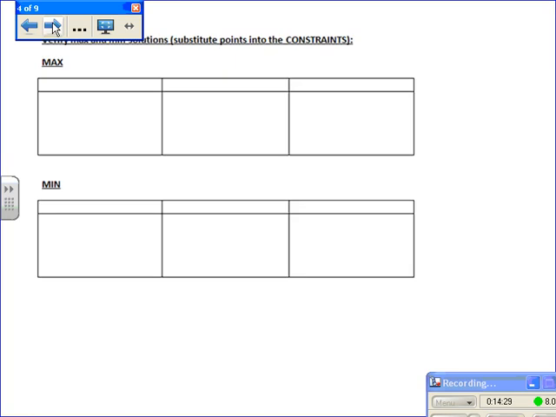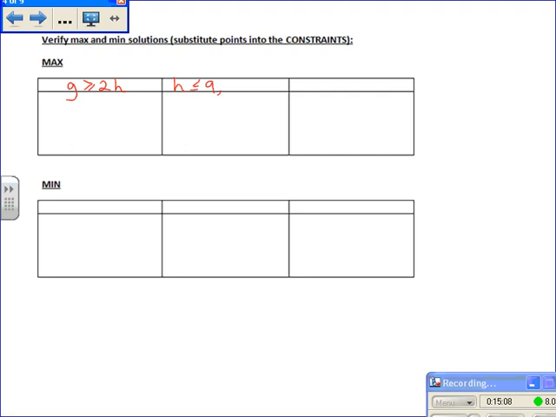Okay. If we want to verify that our solutions are still within our limits, we might want to ask ourselves, okay, we came up with these solutions and we're pretty sure that those are correct. We could, as an extra check, plug those solutions into the constraints. Our constraints were the 3 linear inequalities that we graphed. The first constraint was G has to be greater than or equal to 2 times H. The next one was H, heating oil, must be less than or equal to 9 million.